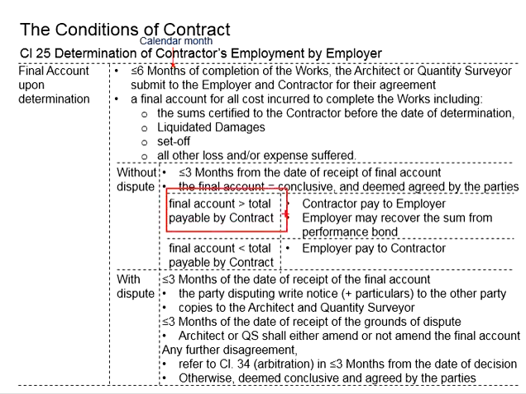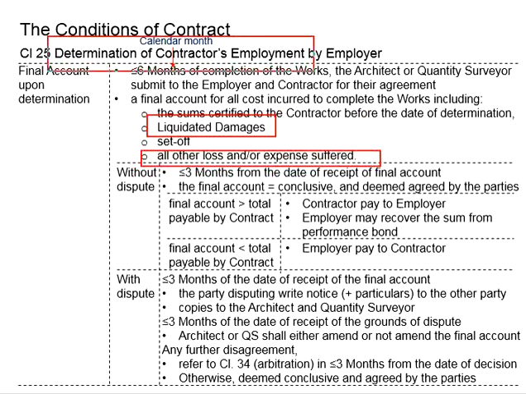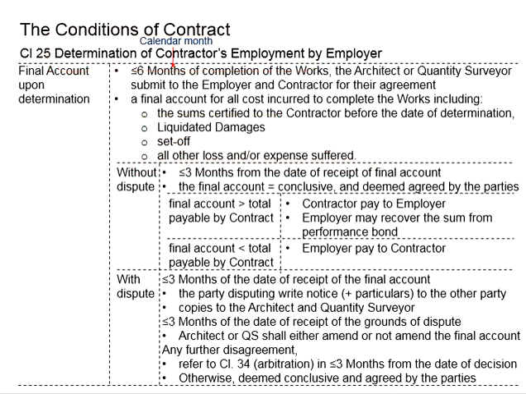This is possible because the final account also includes the liquidated damages as well as the losses or expenses suffered due to the determination of the contractor's employment. This results in additional costs to the employer, and when this amount is incurred, it offsets the amount already paid to the contractor, so the contractor will need to pay back the employer.